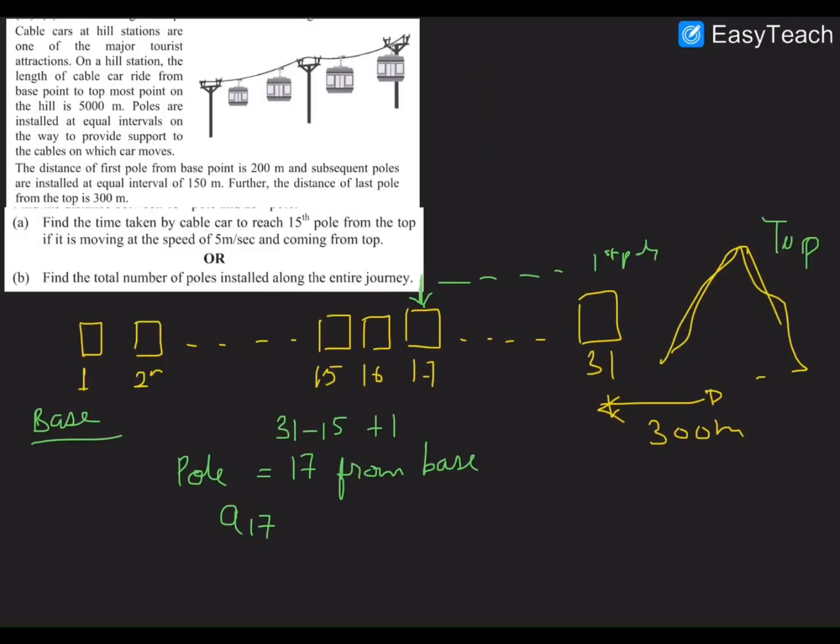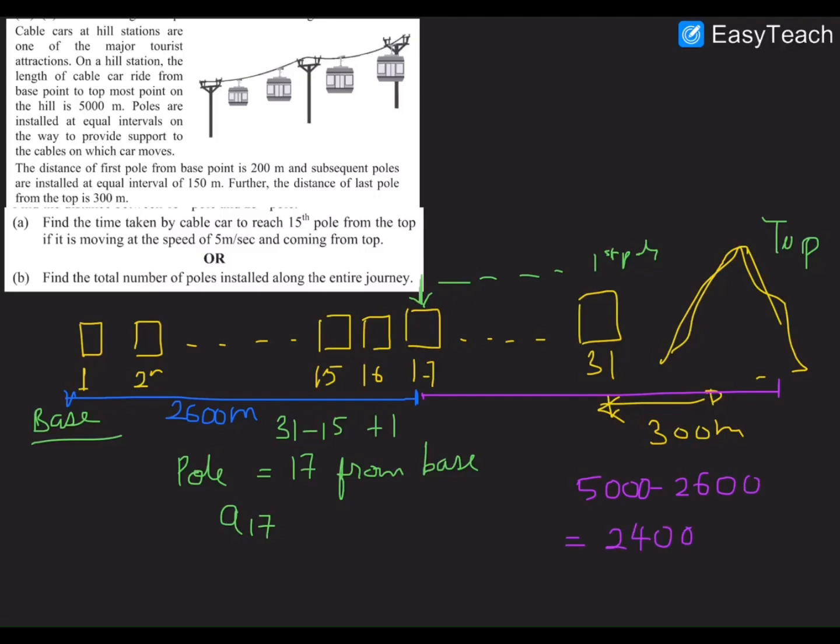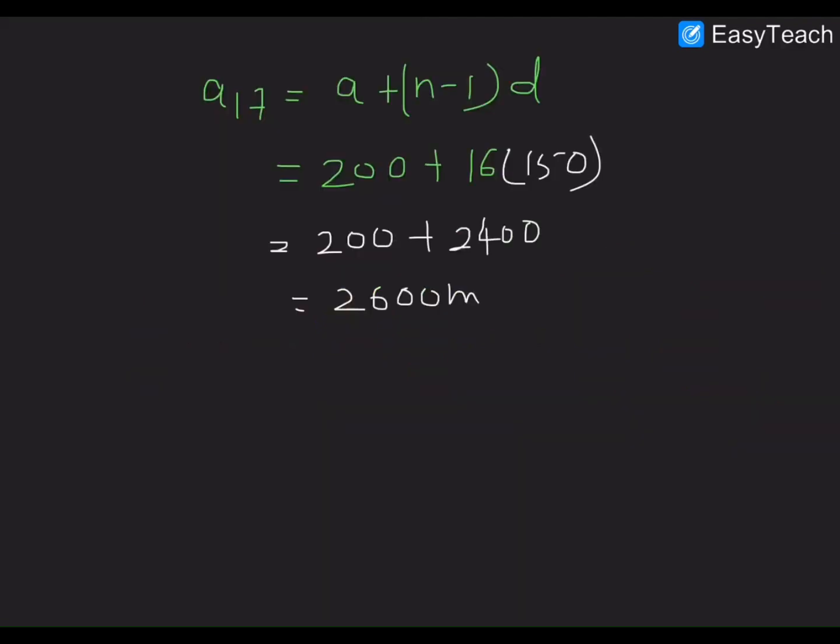I am marking with blue color, this distance from the base up to here is 2600 meters. But we have to calculate from the top. I am marking with pink color, this distance will be 5000 minus 2600, which gives you 2400. So the distance from the top is 2400 meters.